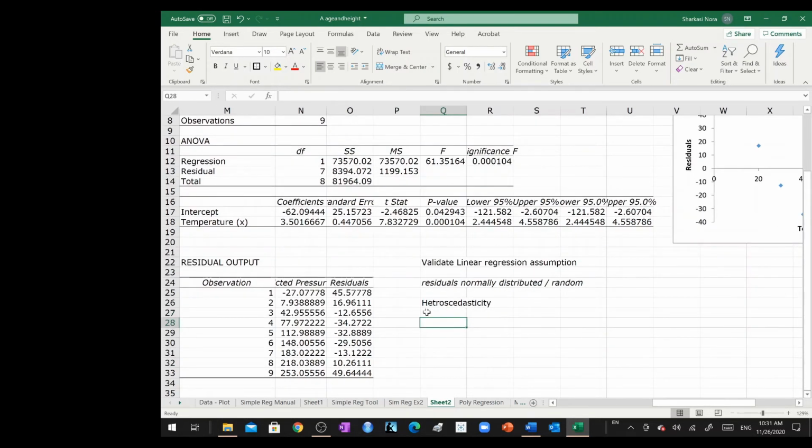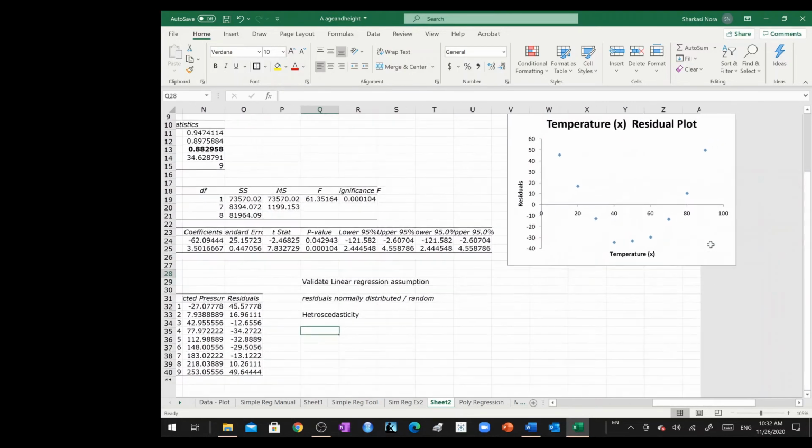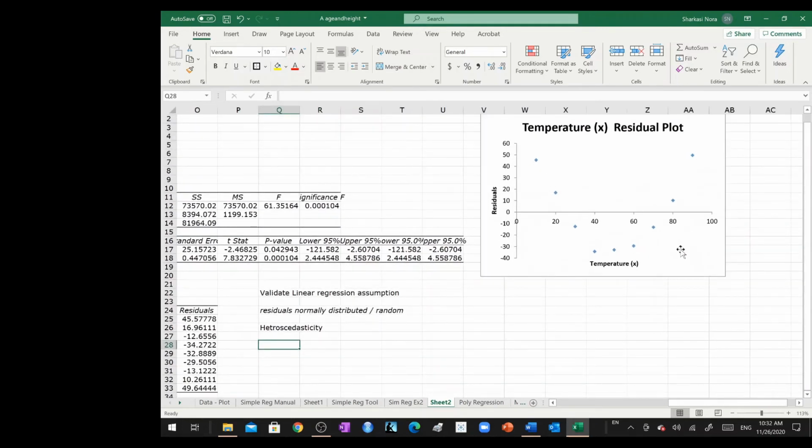But in any way, please allow me to just pronounce it like this. With heteroscedasticity, basically you want to make sure that the outliers in fact have a constant variation, or a constant variance.